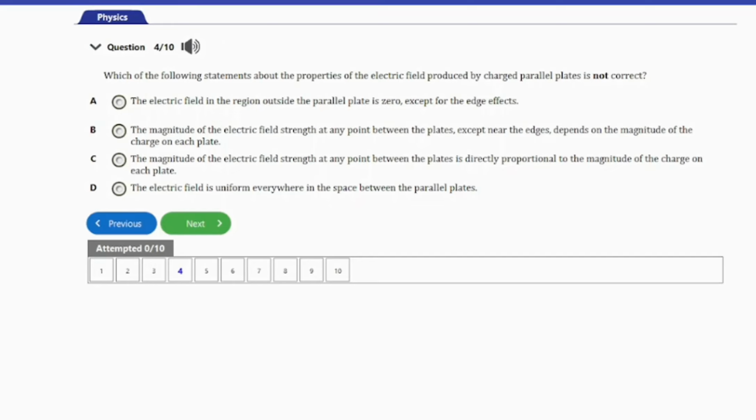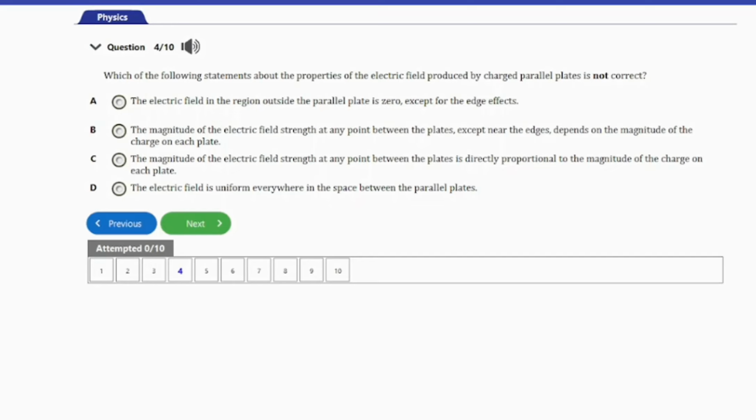B, the magnitude of the electric field strength at any point between the plates except near the edges depends on the magnitude of the charge on each plate. C, the magnitude of the electric field strength at any point between the plates is directly proportional to the magnitude of the charge on each plate. D, the electric field is uniform everywhere in the space between the parallel plates.